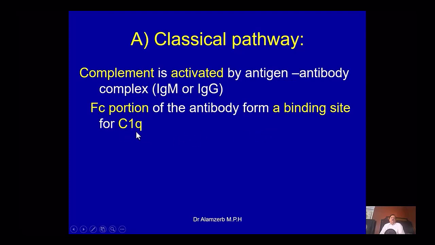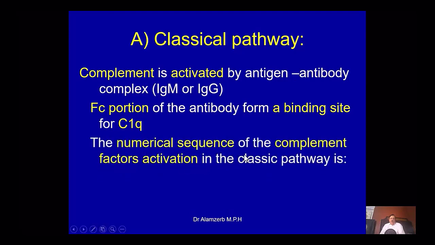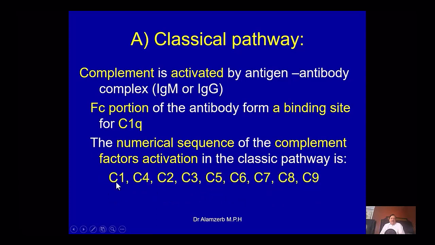This Q portion of the C1 protein is attached to the Fc portion, and when this attachment occurs, the complement activation system starts. The numerical sequence of complement factor activation in the classical pathway is: first, C1 reacts with the Fc portion of the antibody. When this reaction occurs, C1 activates C4.